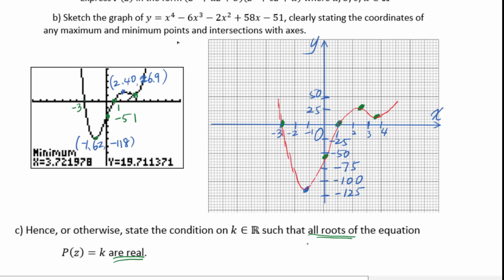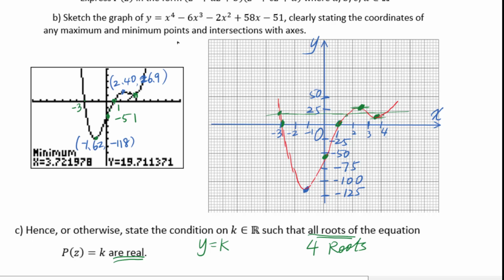All roots, which means there are 4 roots. These 4 roots are real, which means y equals k, this horizontal line, intersect the graph for 4 intersections. Only when the graph between this maximum point and this minimum point, then when we draw a horizontal line, it will be 4 intersections.